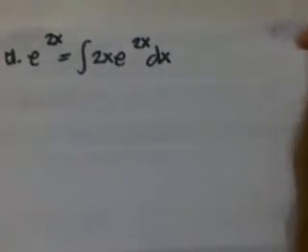For the integration of 2x e^(2x) dx, we use integration by parts.